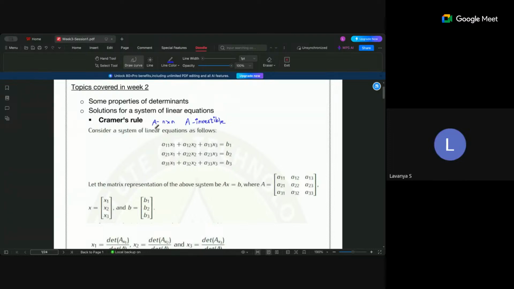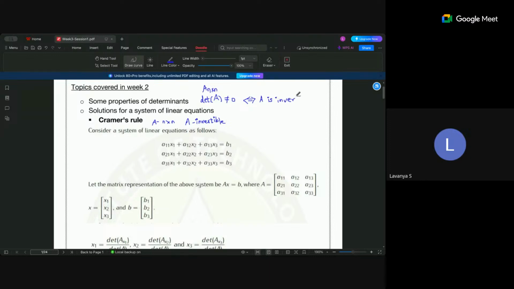Yes, always. It's an if and only if condition. If you have an n by n matrix, then determinant of A is non-zero if and only if A is invertible.